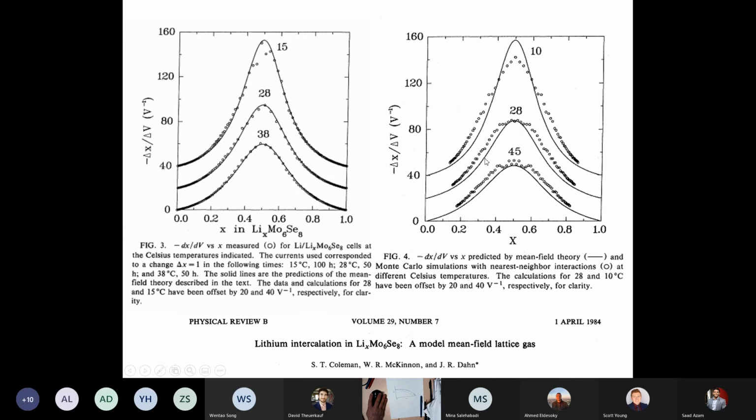The data points are Monte Carlo simulations of what would happen if you had near neighbor interactions between lithium atoms in the lattice of minus 0.0904 eV, where the interactions only take place between lithium atoms on near neighbors.